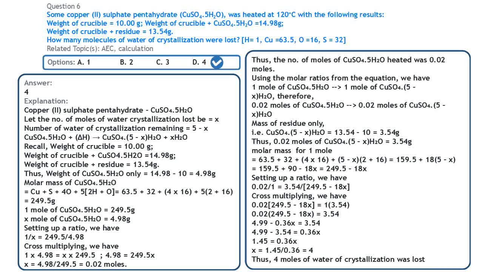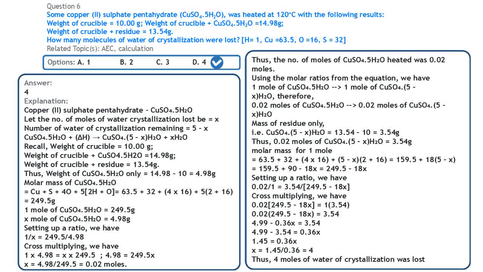In the water we have 2 of hydrogen plus 1 of oxygen. So you have 2 times the atomic mass of hydrogen, which is 1, that is 2, plus the atomic mass of oxygen, which is 16. By the time we evaluate all of this, we'll be getting 249.5 gram. So that means that 1 mole of this substance A is equal to 249.5 gram.